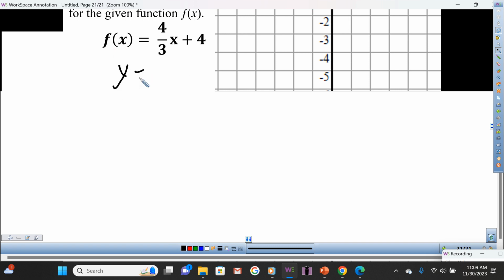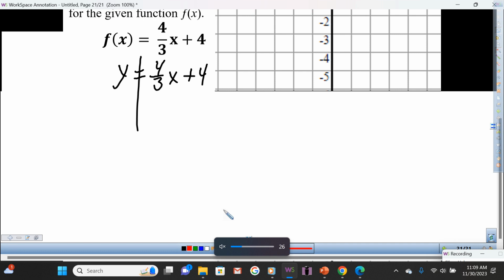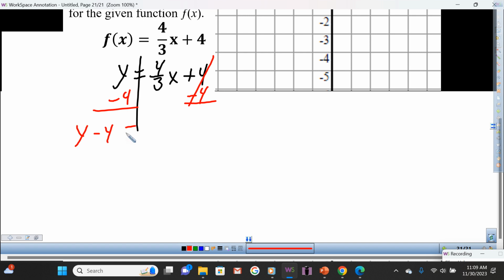Change this one to the y, yes. Pass someone. Me? Okay, I'll pass it back to Brianna. Go. What's the next step? -4 to both sides. Very good. So we got y minus 4 equals 4/3 x.